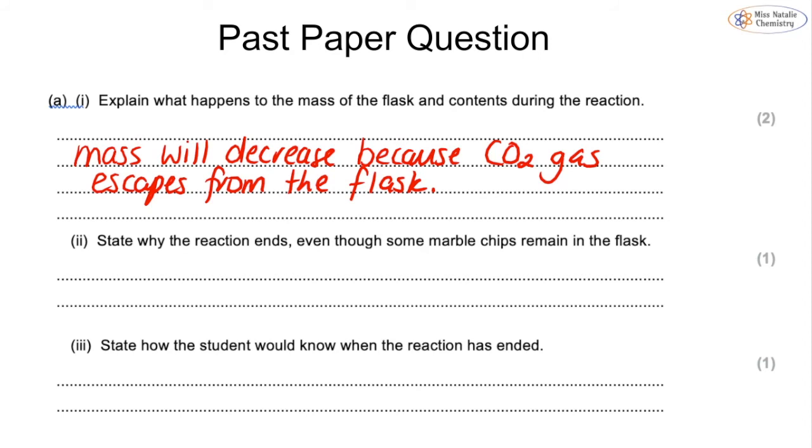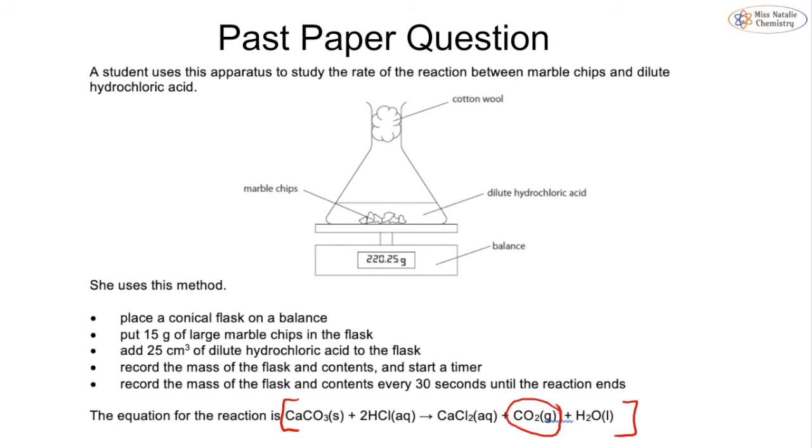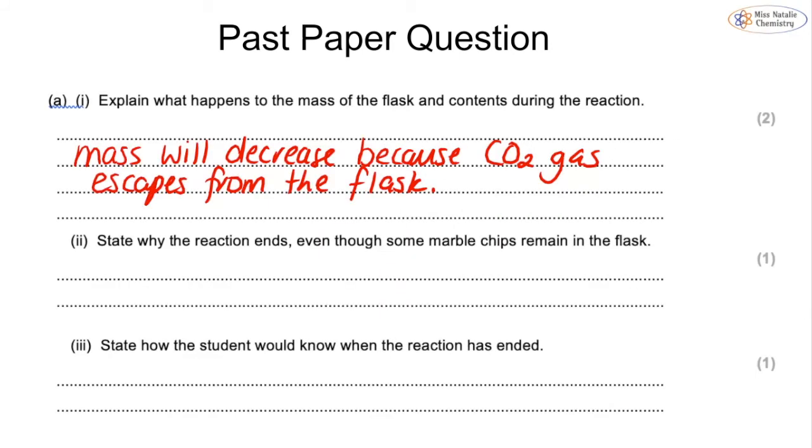For part 2, we want to say why the reaction ends even though some of the marble chips remain in the flask. So again, let's go back to our reaction here. So we've got hydrochloric acid and our marble chips. If we have some marble chips left over, it means that there must be nothing else for it to react with because my reaction has stopped.